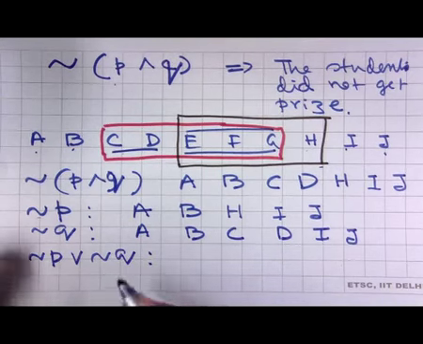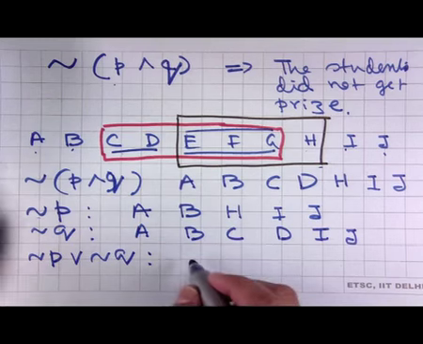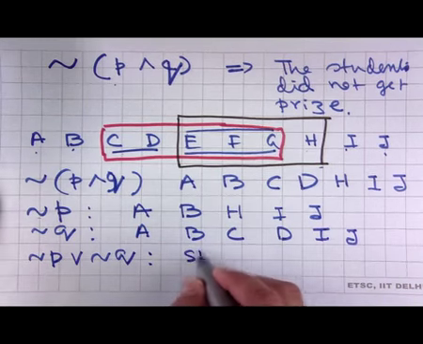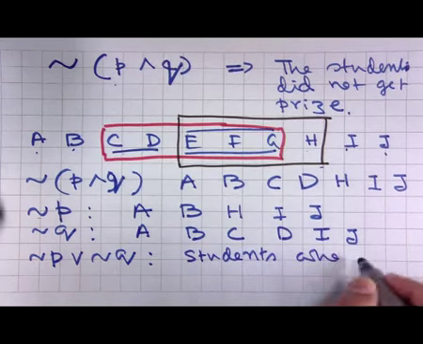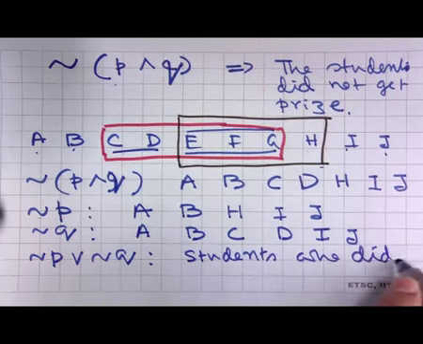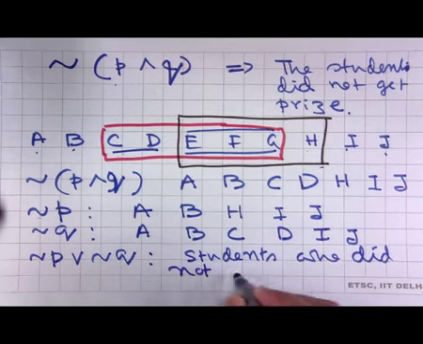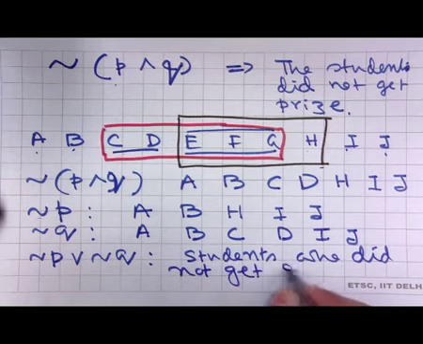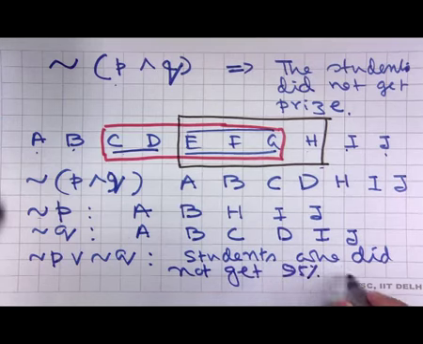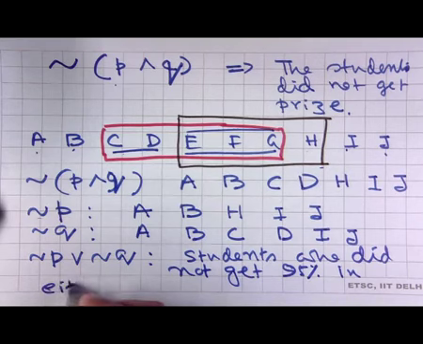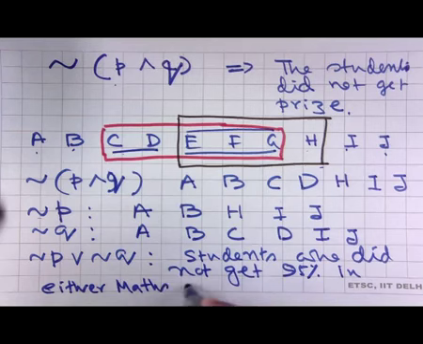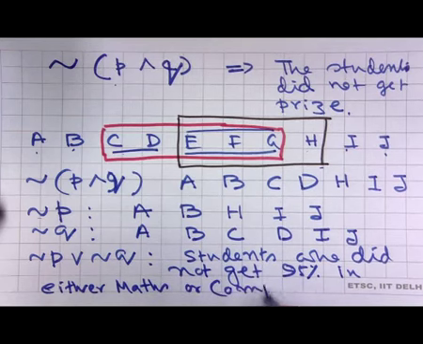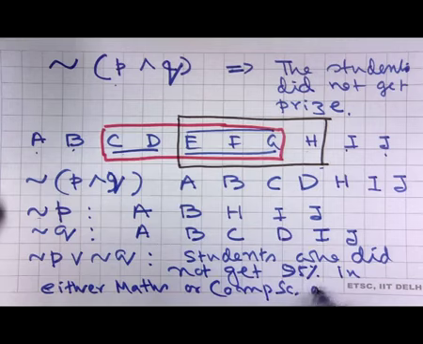Not P or not Q, we can now say that students who did not get 95% in either maths or computer science or both.